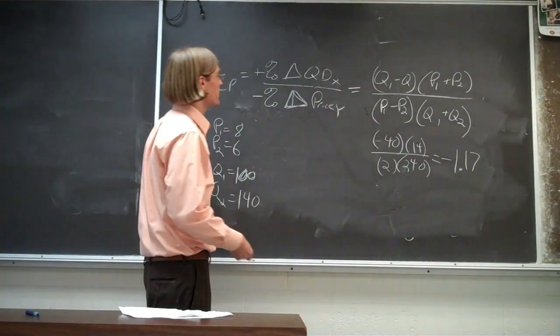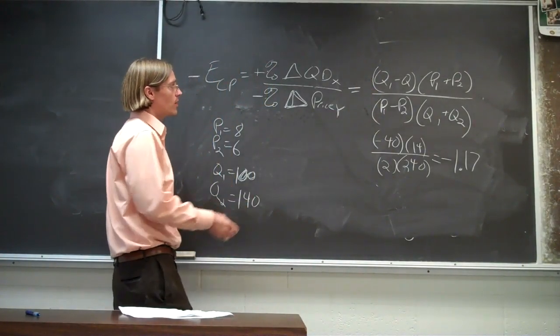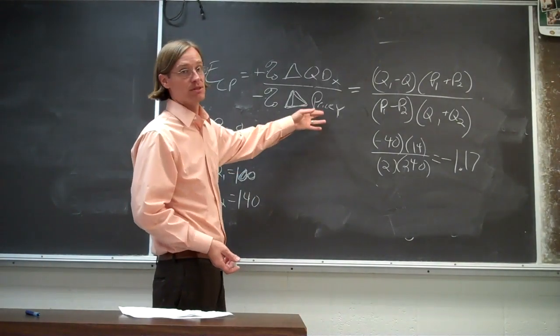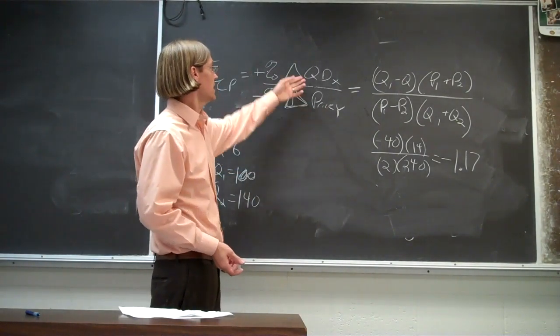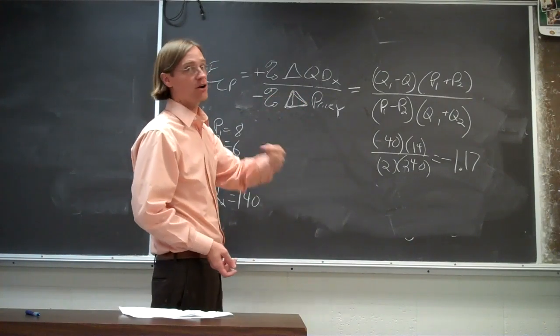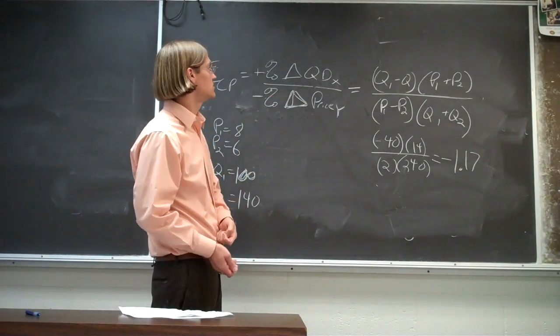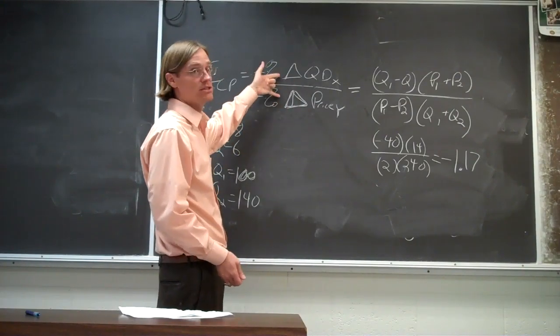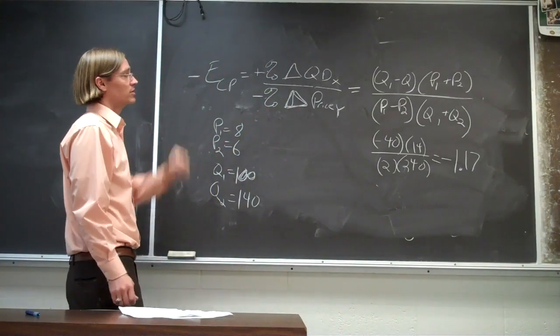If I were to change the question and say the price of pork fell a certain percentage, and the quantity of sauce demanded changed a certain percentage, then you know you've got two pieces of information and you're going to solve for the coefficient.